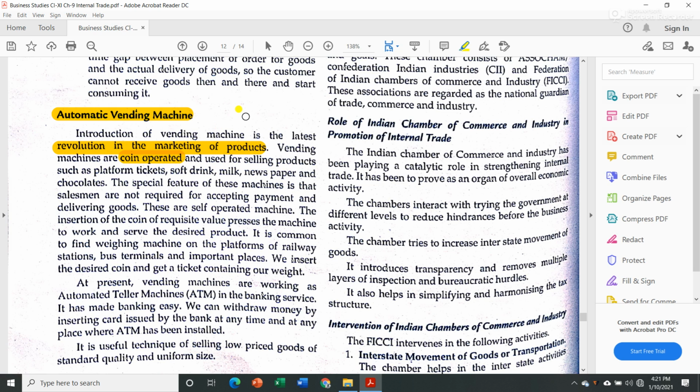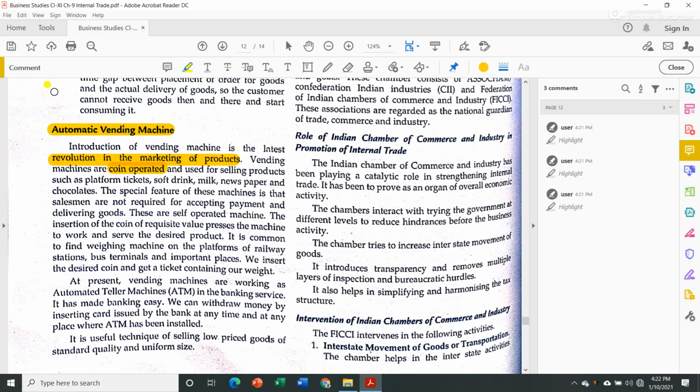Now if I give you a rough image of a vending machine, let's see. Now imagine this is a big box. Okay, now in that box there will be two parts. In this part there will be lots of rows in which you can see items like cold drinks, newspaper, chips packets of different brands, and different price ranges will be shown in here.